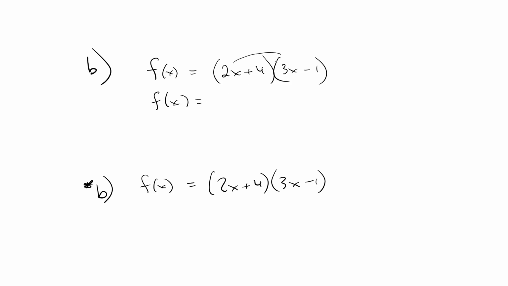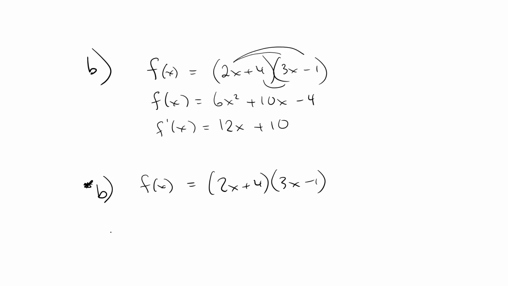Can you guys FOIL this out? Here, this will be 6x squared. This would be a minus 2x plus 12x, so plus 10x minus 4. So now let's take a derivative. So this guy would be 12x plus 10. That's pretty cool.